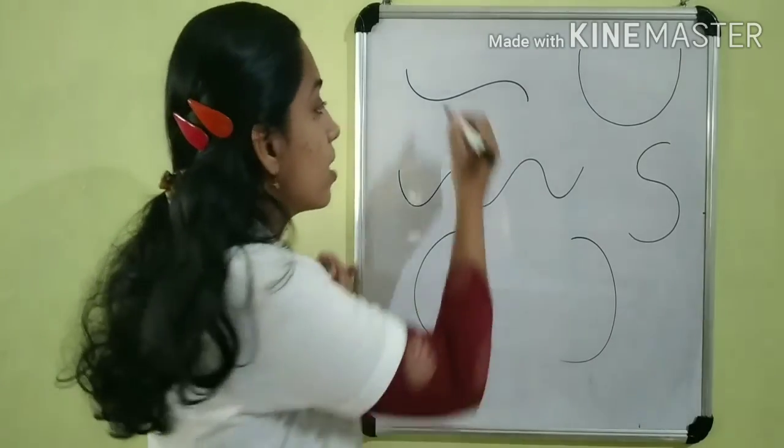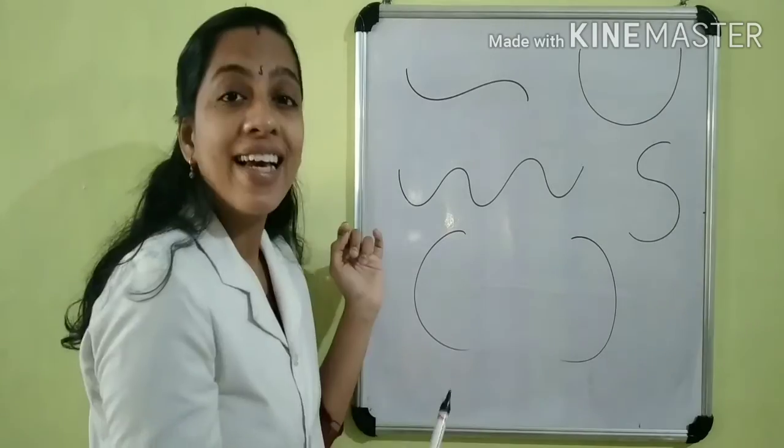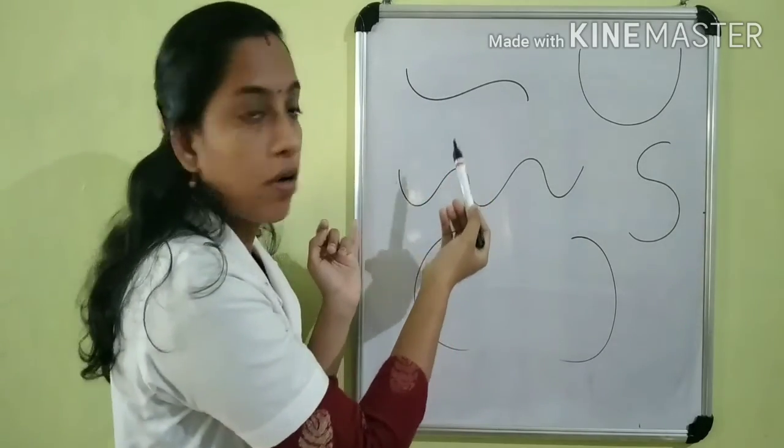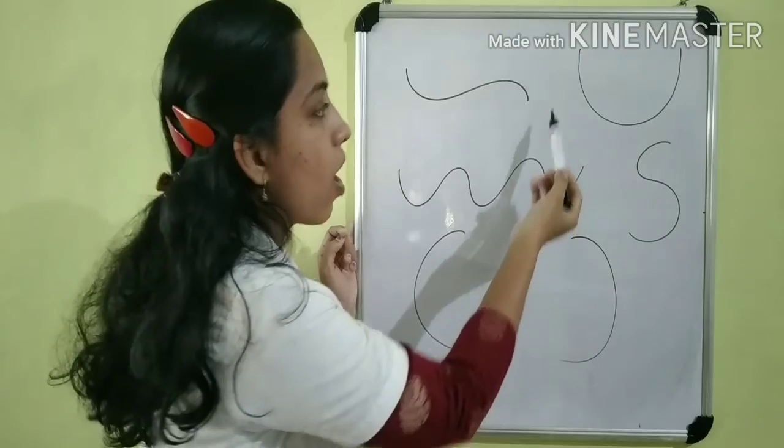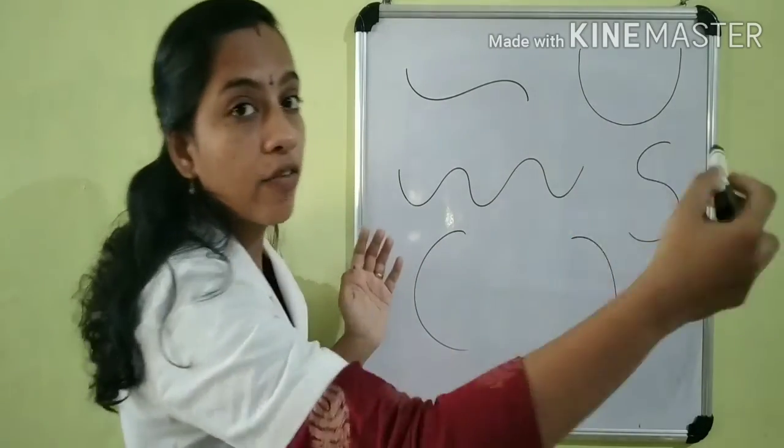You can see curves on these lines, right? Is it a straight line? No. It has some bends. All these lines have some bends or curves in them.